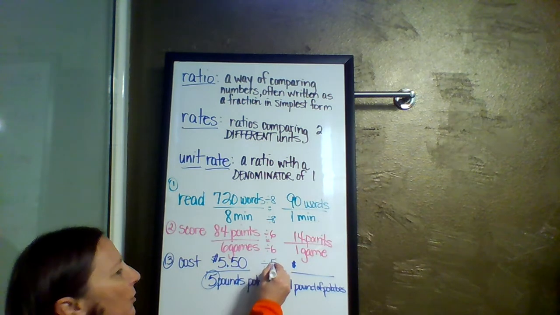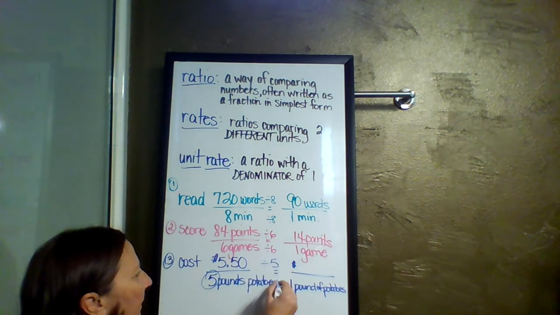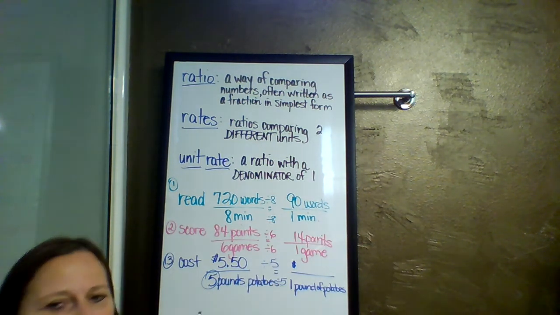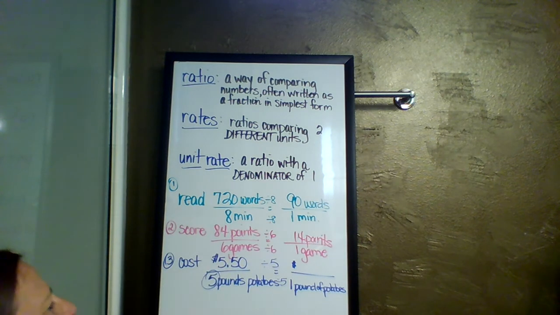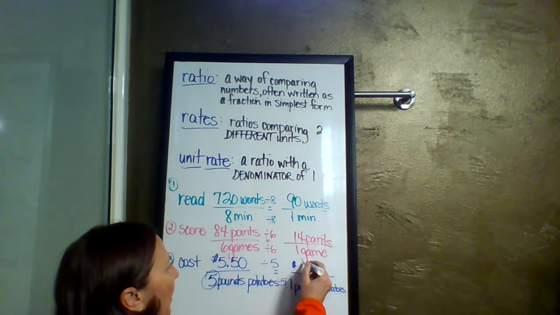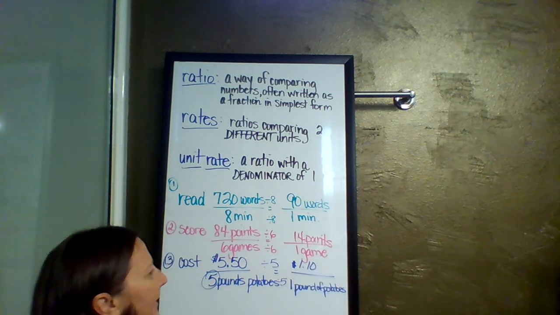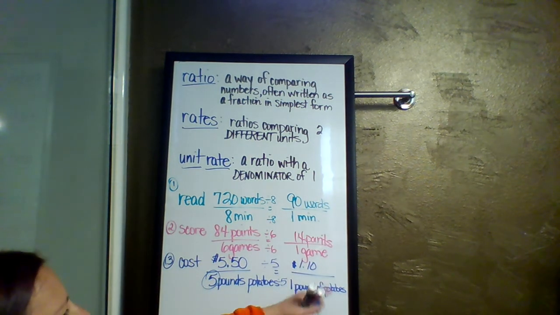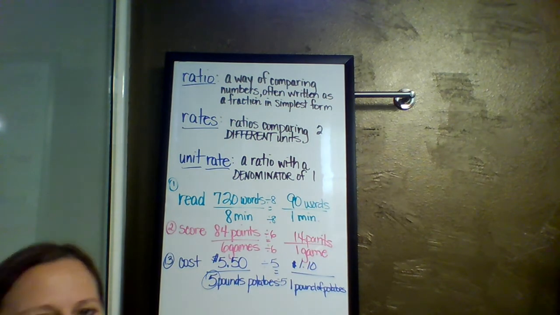So I divide the numerator by 5, and I divide the denominator by 5. $5.50 divided by 5 pounds is $1.10 per 1 pound of potatoes.